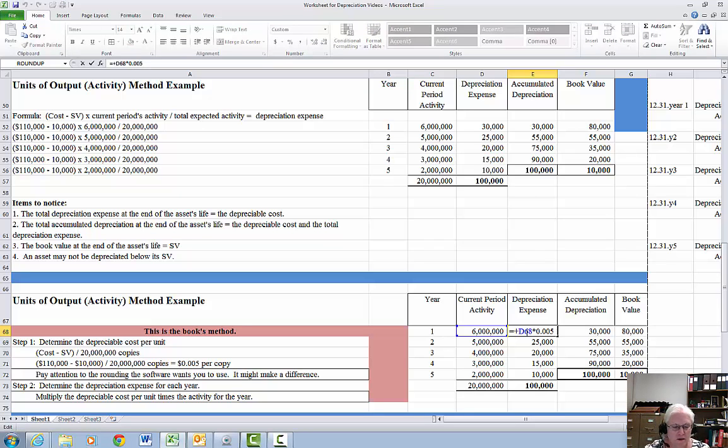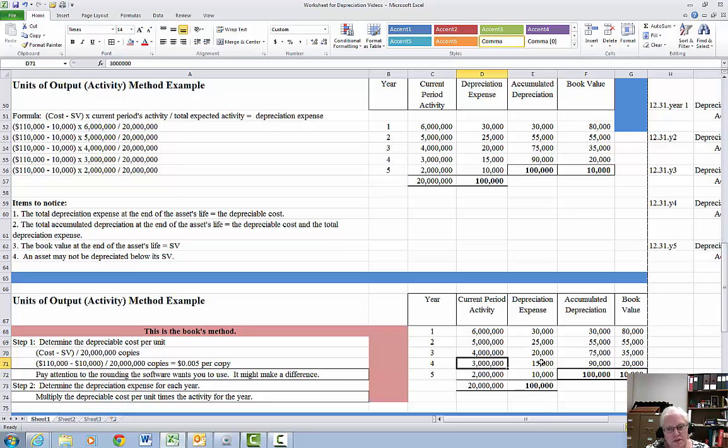The accumulated depreciation and book value work exactly the same as they did before. Year 2, 5 million times a half-cent is 25,000. Year 3, 4 million times a half-cent is 20,000.